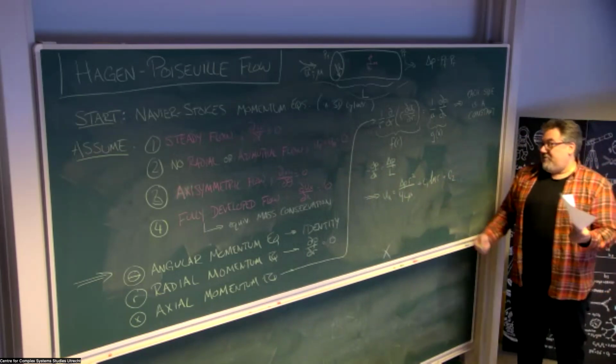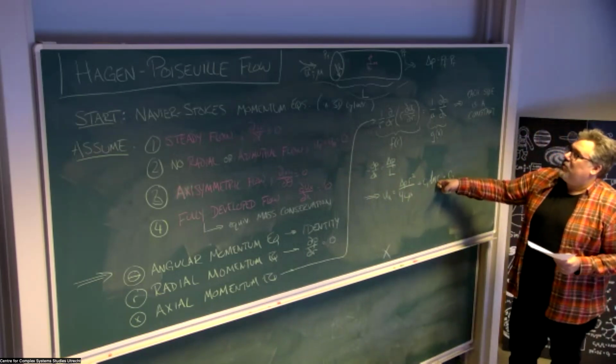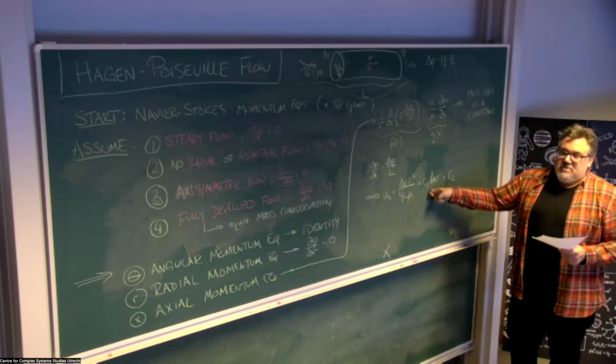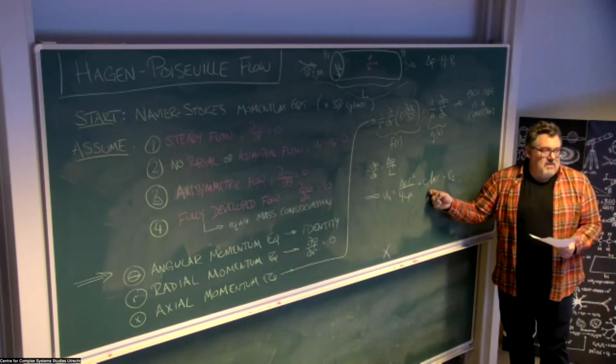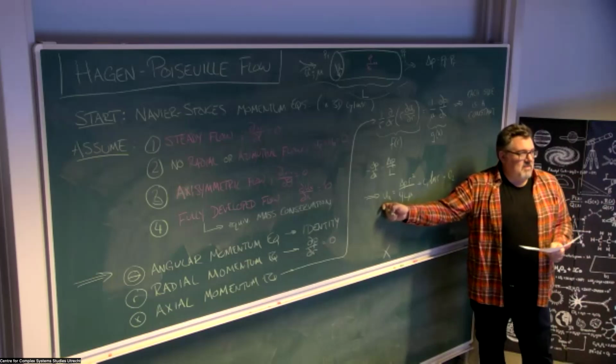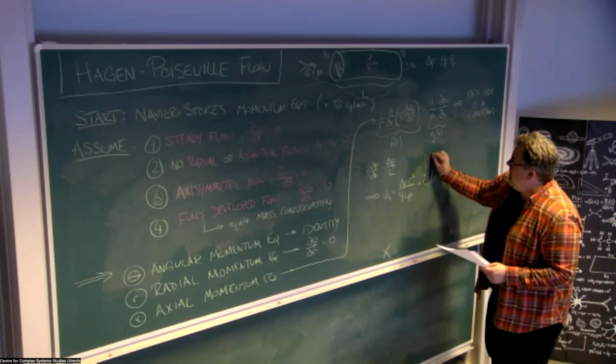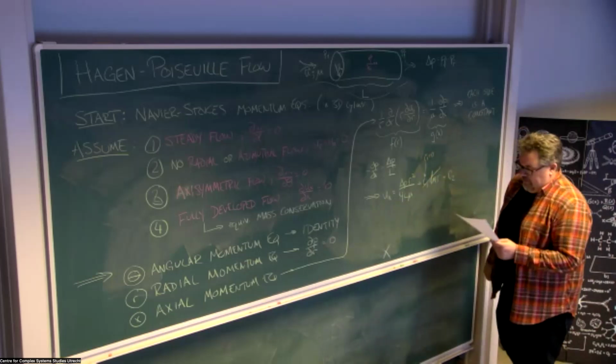However, remember r is the radial coordinate, so this log term blows up at r equals 0. And we don't want the flow to go to infinity at the middle of the pipe. That seems unphysical, so that means that this C1 has to be 0, and this whole term goes away.